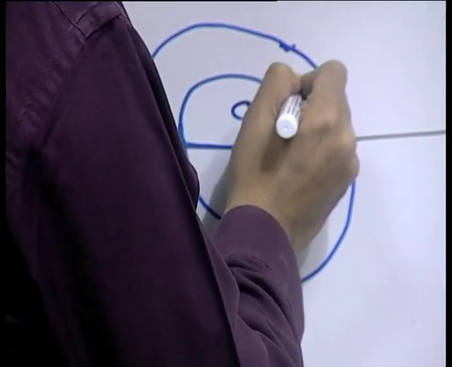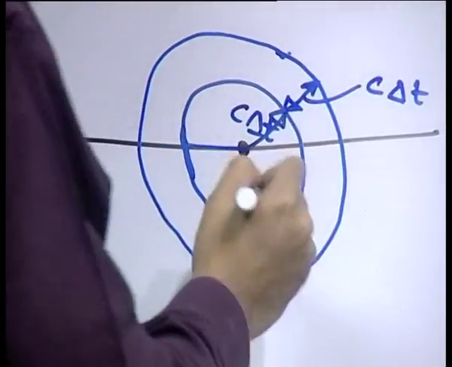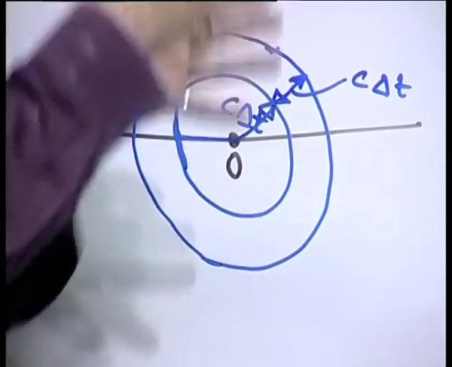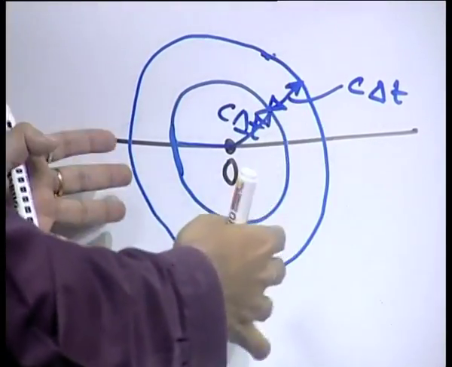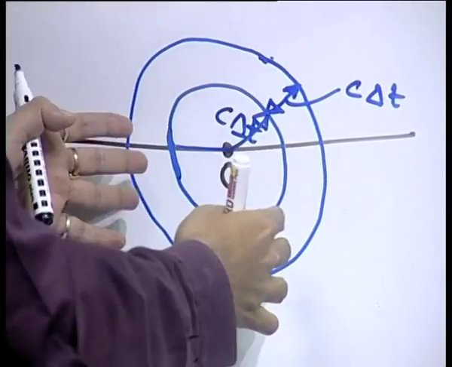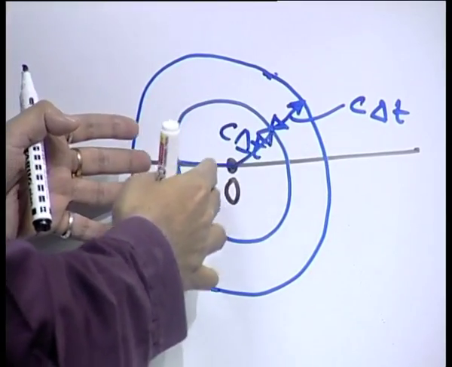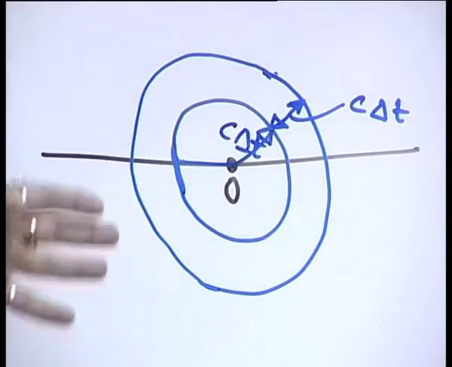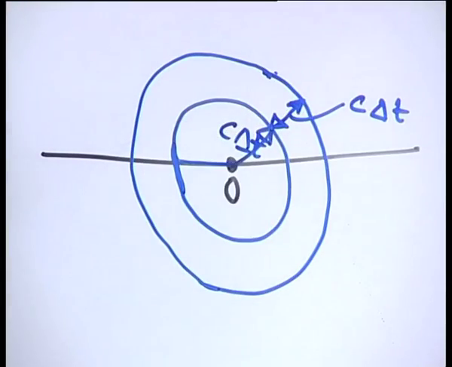So this much of additional is c into delta t. So in this way, at a particular location, it is as if generating or emitting some spherical wave fronts. So these are essentially the locus of points over which or within which this disturbance is having its effect felt, but the disturbance is remaining stationary at a location.